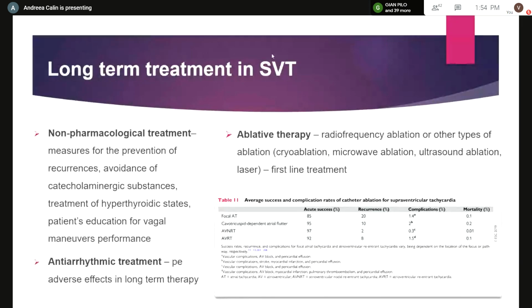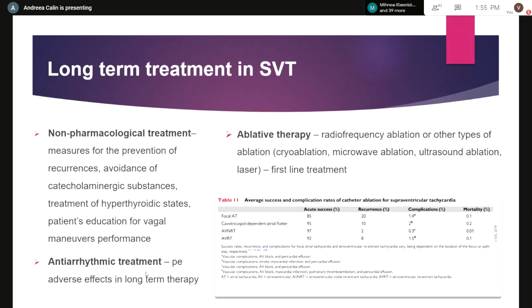And for the long-term treatment in supraventricular tachycardias, if the patient is not very symptomatic, we can give a non-pharmacological treatment with measures for the prevention of recurrences, avoidance of catecholaminergic substances, treatment of hypothyroidism if this is present, and the patient's education to perform vagal maneuvers.